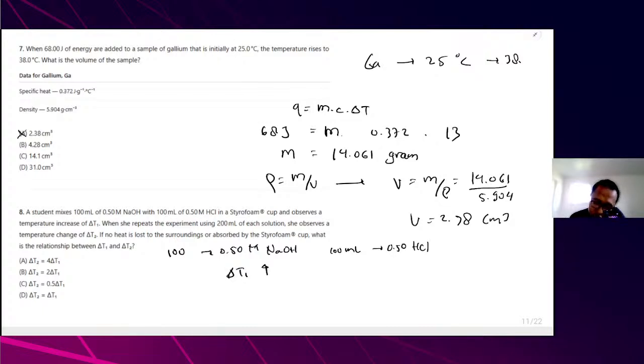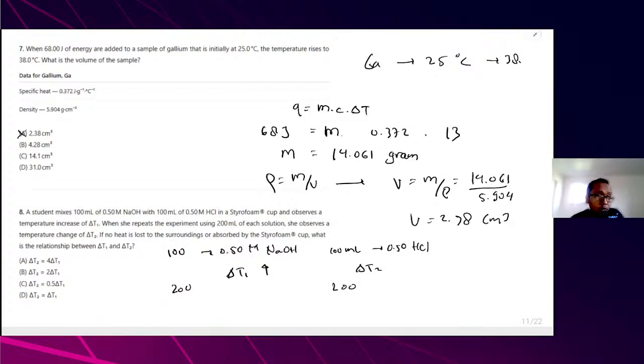When she repeats the experiment using 200 milliliters of each solution, she observes a temperature change of delta T2. If there is no heat loss to the surroundings or absorbed by the styrofoam cup, what is the relationship between delta T1 and delta T2? Okay, how to get this one done?